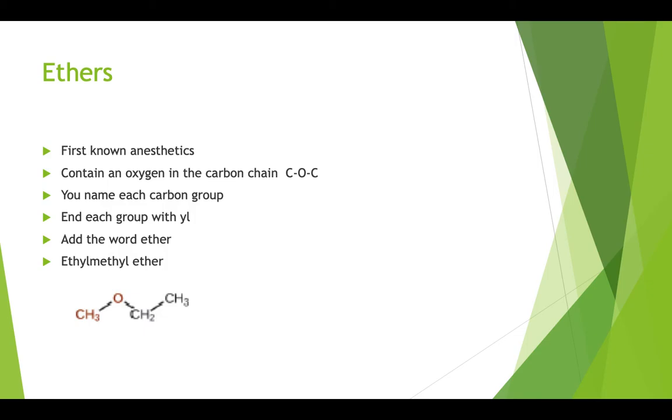When you do this, you're going to look at the groups on each side of that oxygen, and you'll name each of those carbon groups, changing the final ANE to YL, indicating it's a substituent on that oxygen, and you add the word ether. So in the example down below, this side has a methyl group, this side has an ethyl group. Ethyl is alphabetically first, so I say ethyl methyl ether.